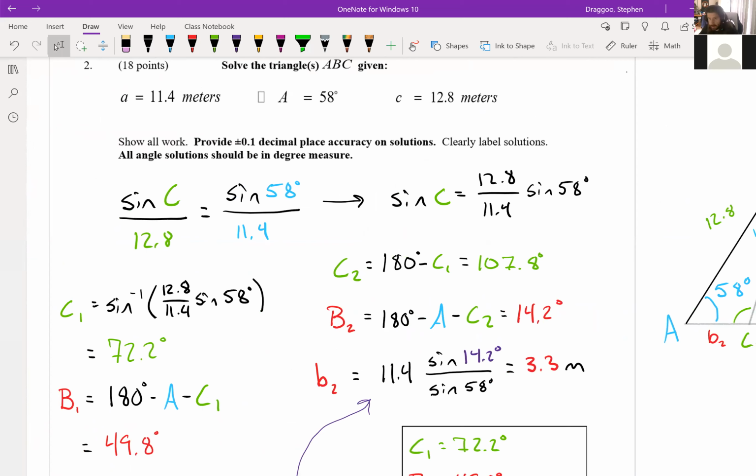One would be, how many triangles are there? 0, 1, or 2. You would say 2. And then the second question would ask only for C1 and C2. So I'm just going to ask you to provide those two angles.